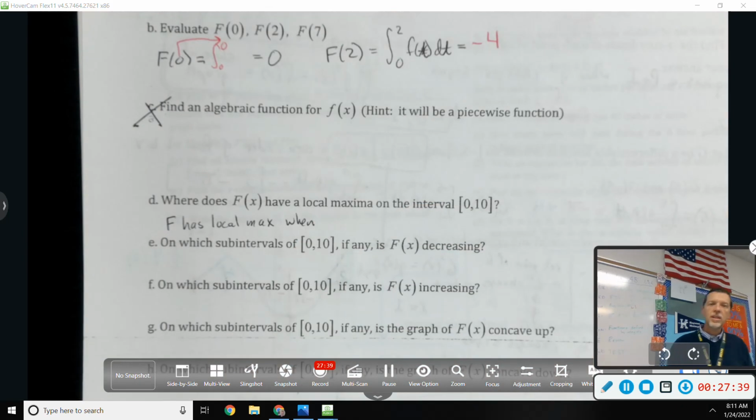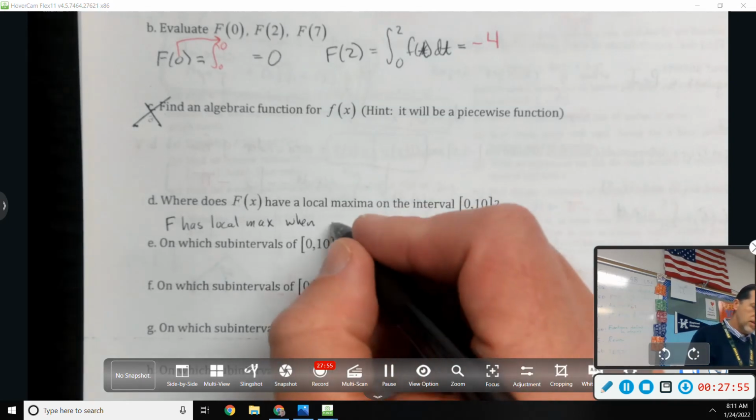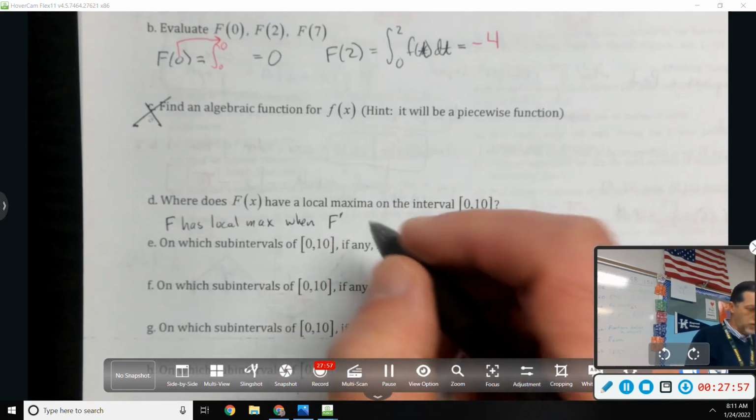Like, just in general, not for this problem, how would I justify capital F having a local max? Relative and local mean the same thing. So where big F prime changes positive to negative.